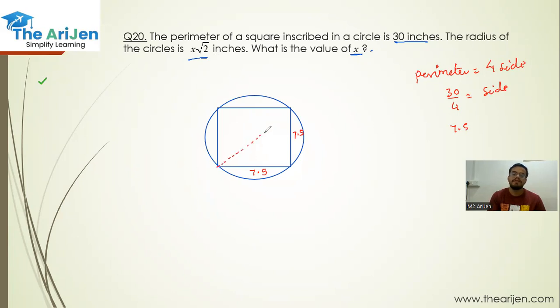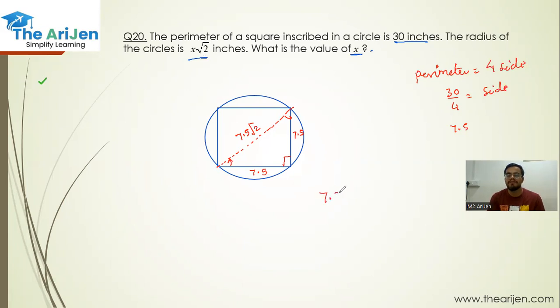So let's first find this value. In the case of a 90, 45, 45 triangle, if a is the side, then this length would be a root 2, right? So this complete length would be 7.5 root 2, which is the diameter of the circle. And what is given? That the radius is x root 2.